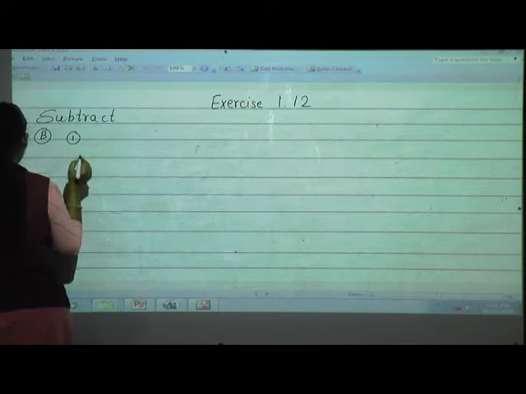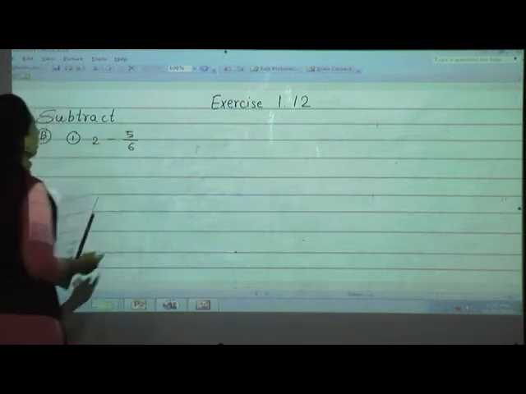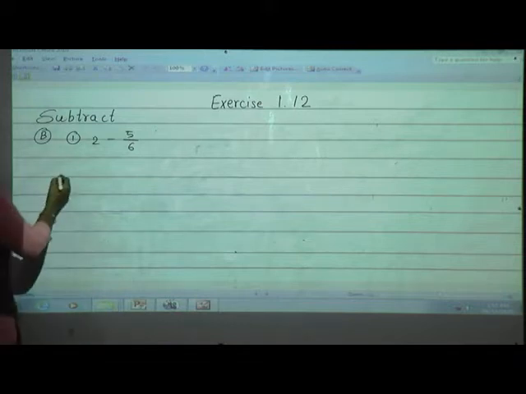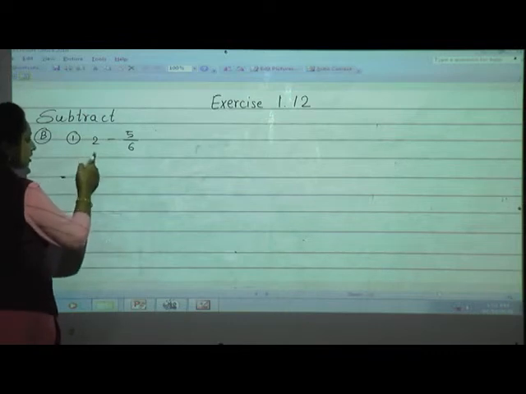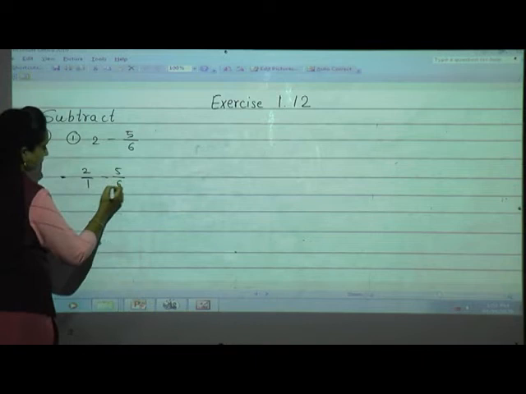In that, first one I will take 2 5 upon 6. Now see, one number they have given as a whole number and one number they have given as a fraction. Nothing is there means what is there? 1, and 5 divided by 6.